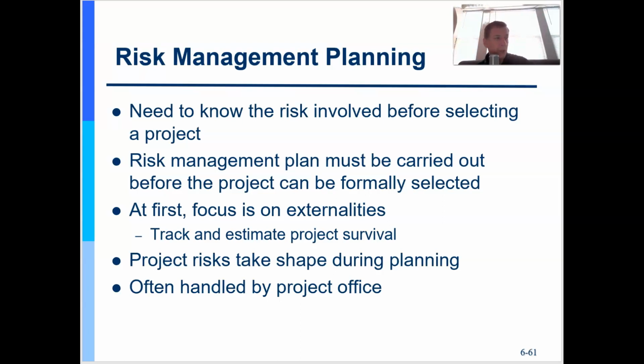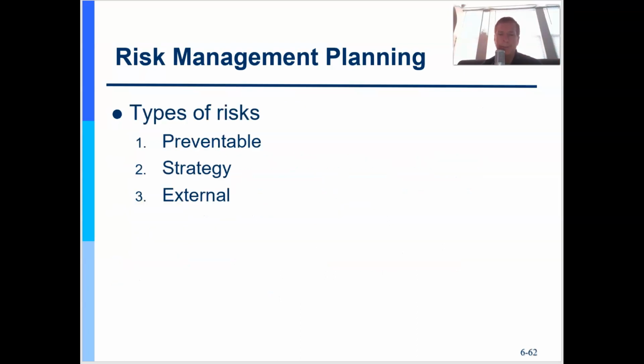Does the PMO, or project management office, that we've already talked about, provide something that needs to be built into our risk management plan? Basically, a risk management plan tells me how I'm going to do something. Any management plan tells me how I'm going to do something. In this case, the management plan is telling me how I'm going to manage risk on the project.